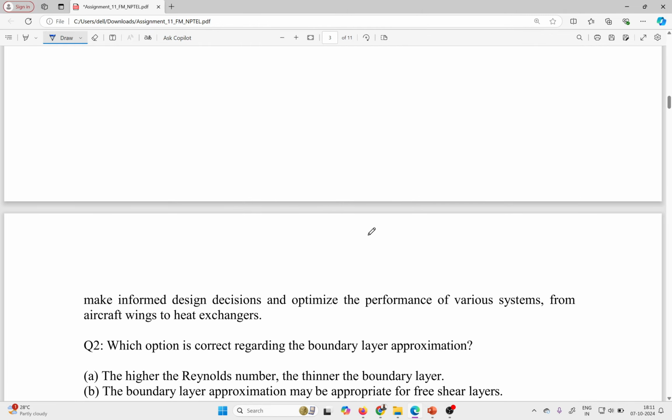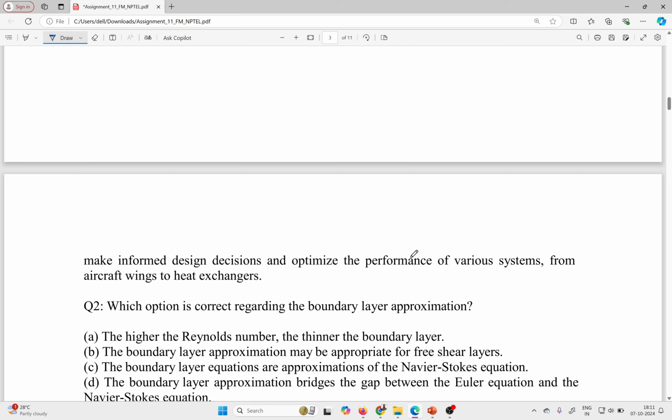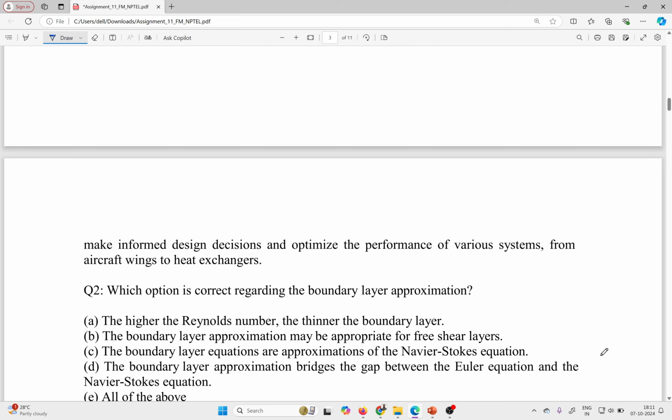Next question is question number two. Which option is correct regarding the boundary layer approximation? Option A, the higher the Reynolds number, the thinner the boundary layer. Option B, boundary layer approximation may be appropriate for free shear layers.